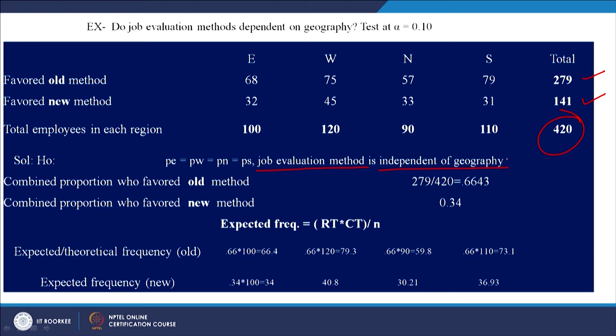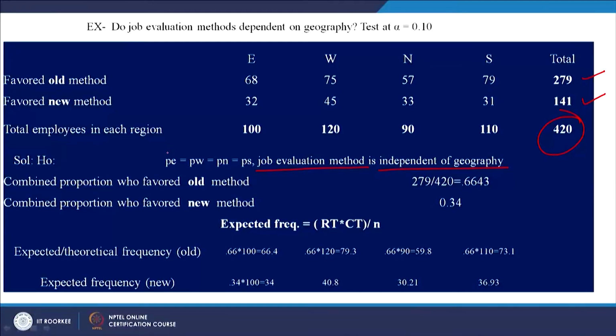Job evaluation is nothing but how they are performing. So, the proportion of nurses in east, west, north and south is the same, is our null hypothesis. The alternative hypothesis would be that it is dependent, only this much change will be there.